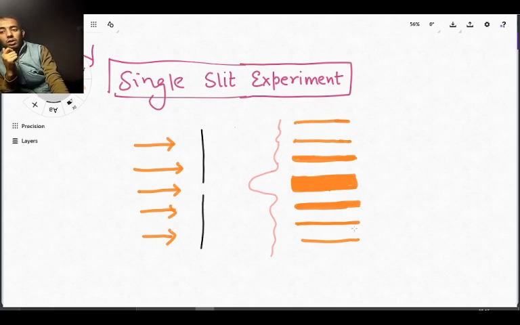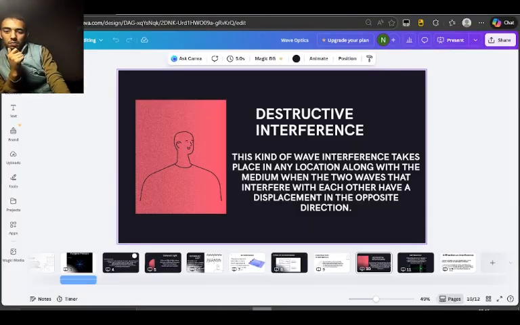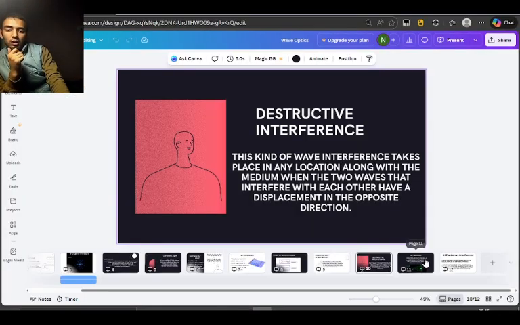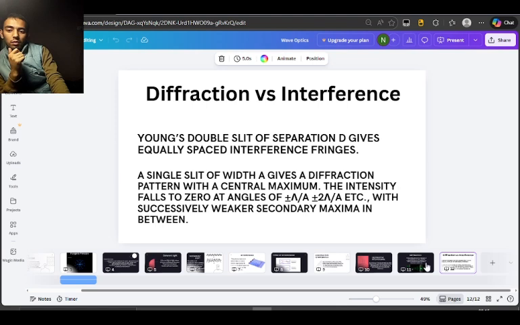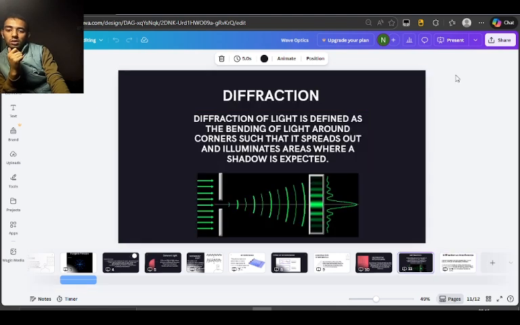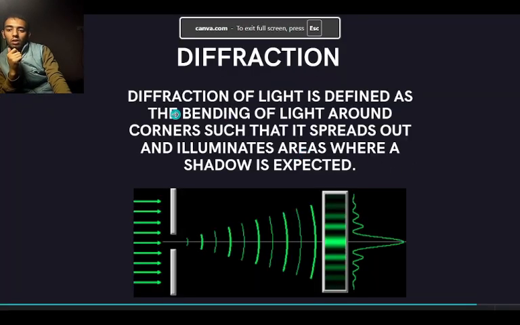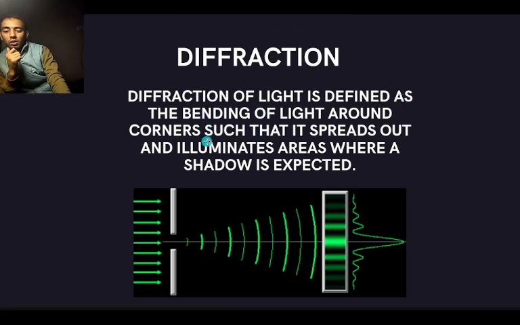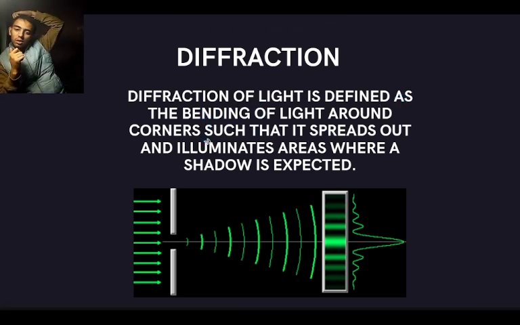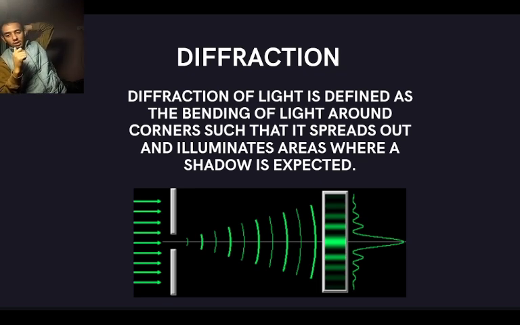So this experiment can be explained by diffraction. So what is diffraction? Diffraction of light is defined as the bending of light around a corner, such that it spreads out and illuminates areas where a shadow is expected.